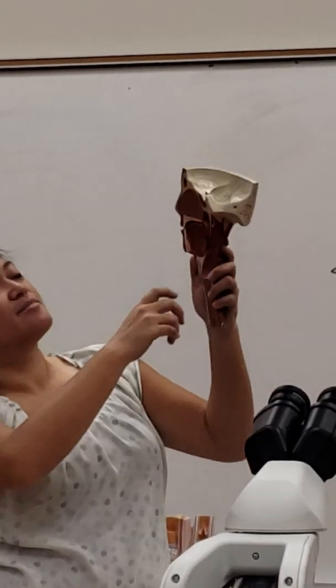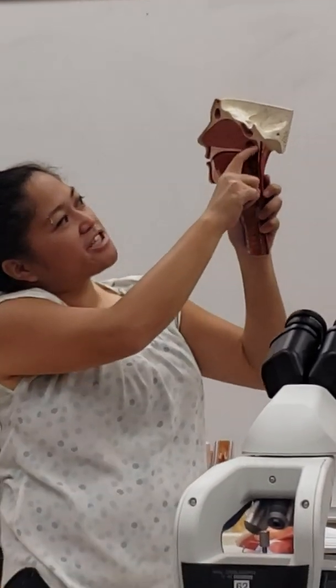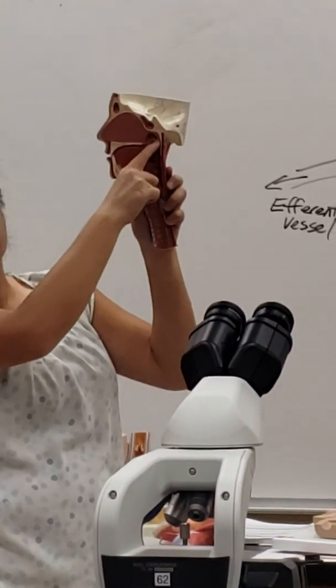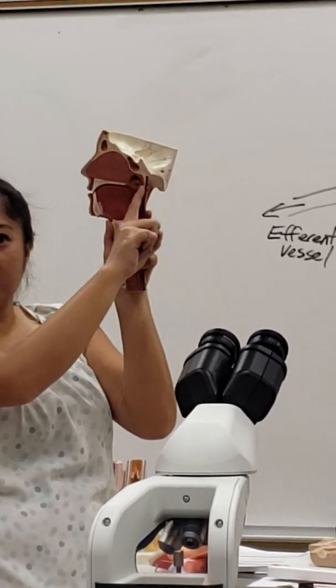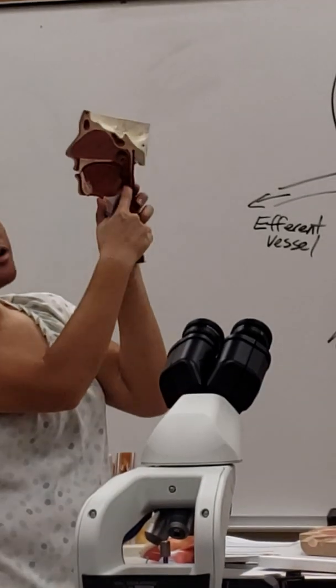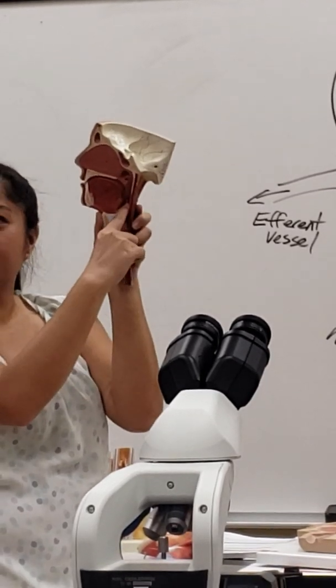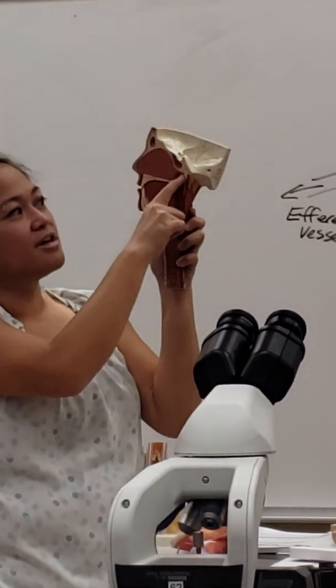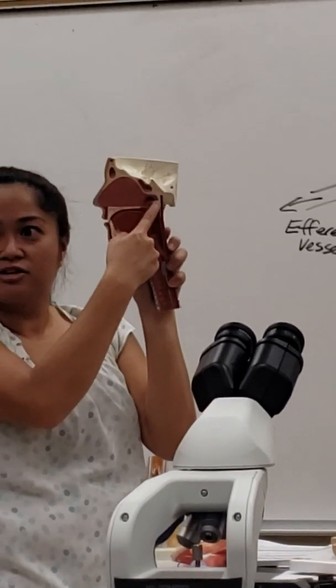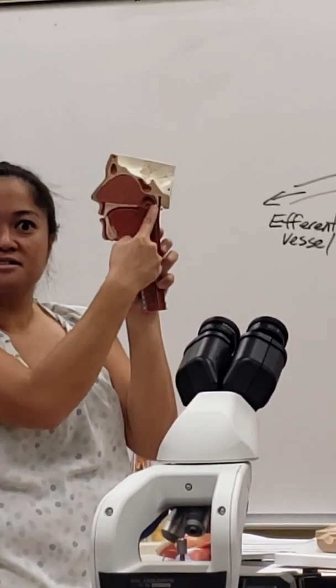Actually, I said that wrong, I'm sorry. The dot is the palatine, and the pharyngeal is this one literally on the back of the pharynx.